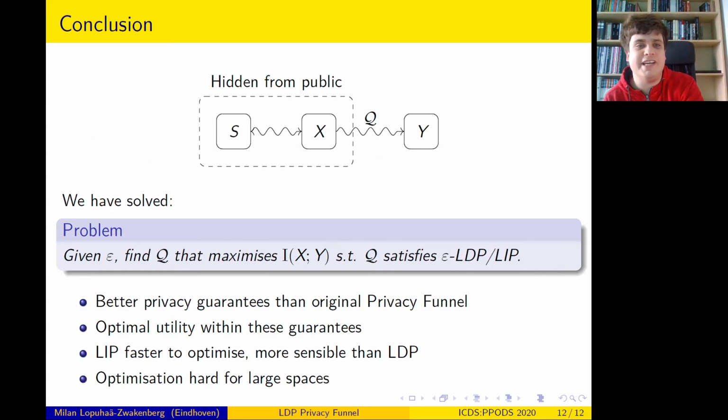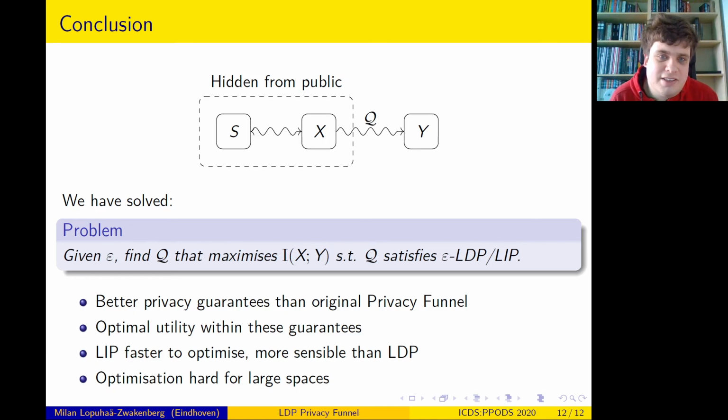So what have we learned today? We have solved the problem of finding a way to sanitize a data set that maximizes utility given the privacy requirement of epsilon LDP or epsilon LIP.